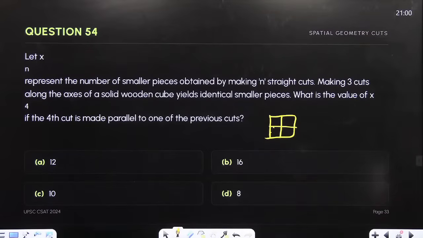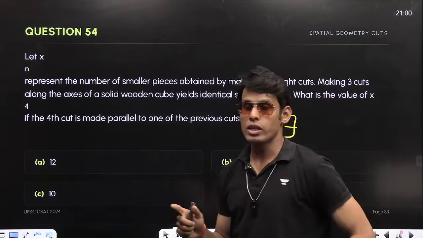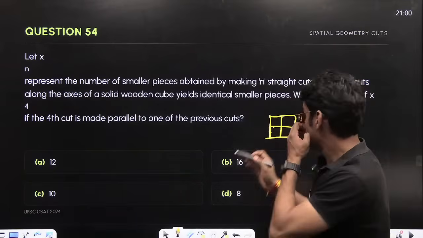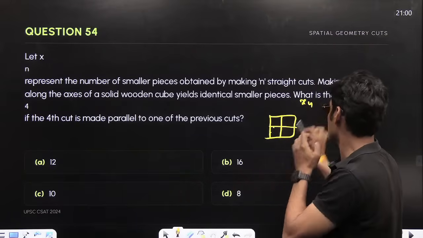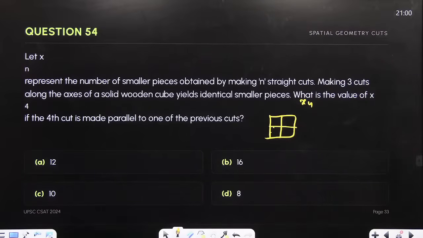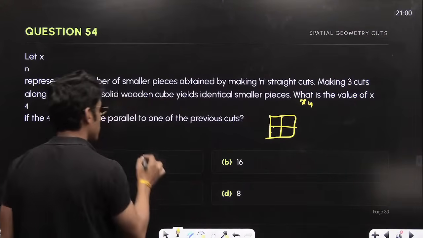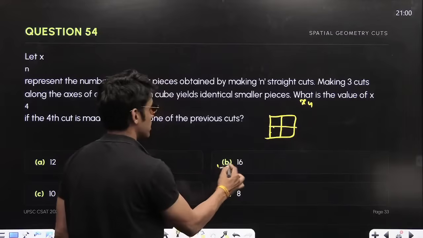which of the following is not the possible value of x4? Now it is asking which value is not the possible value of x4, right? So this is one possibility. Now another possibility, see, you cannot get 16 pieces. That's for sure.